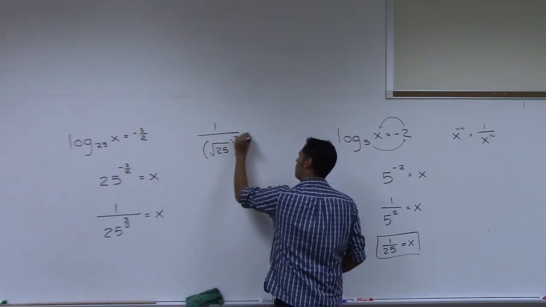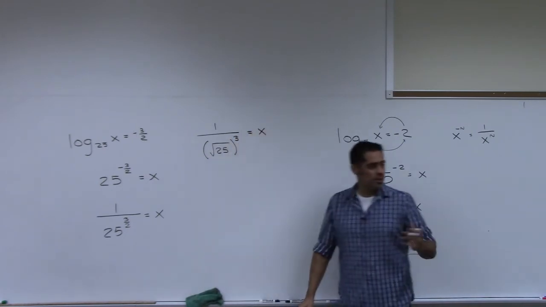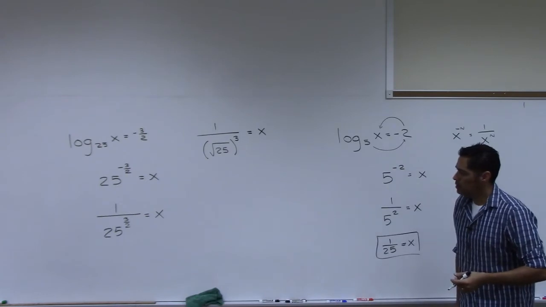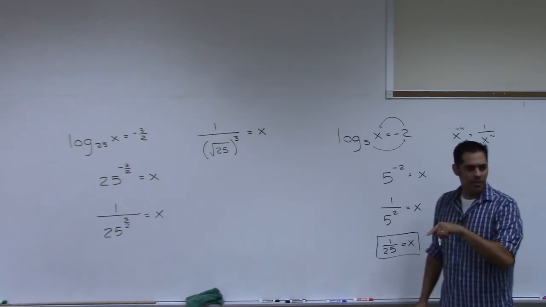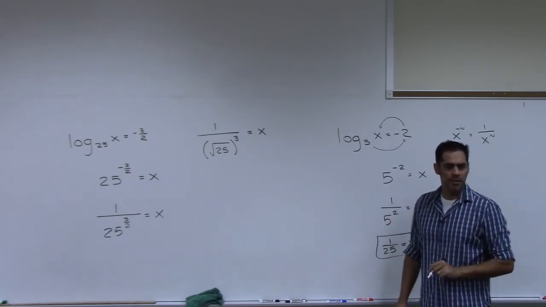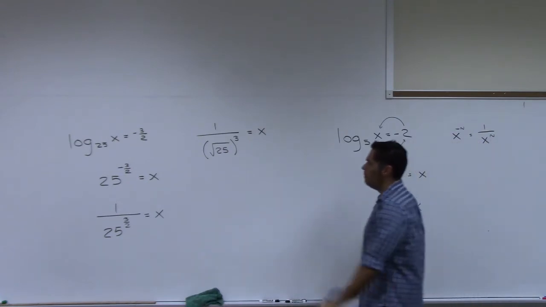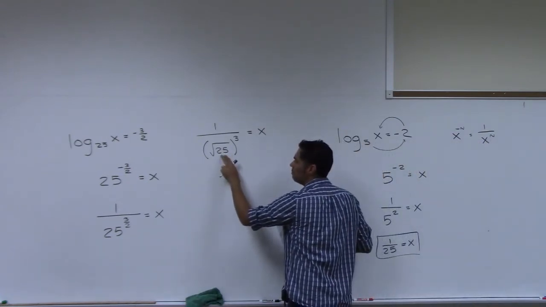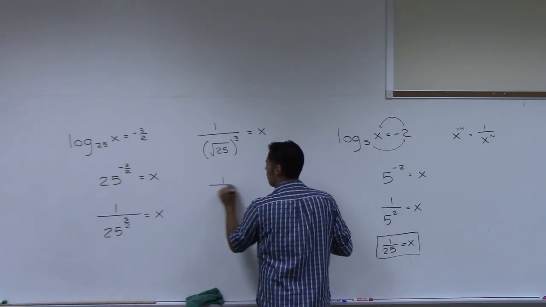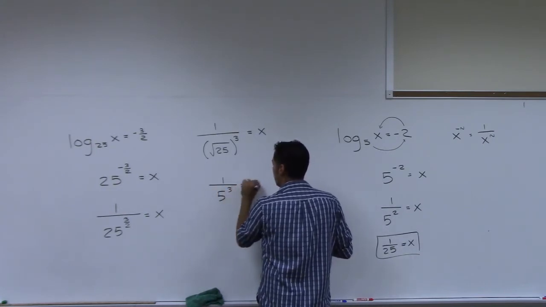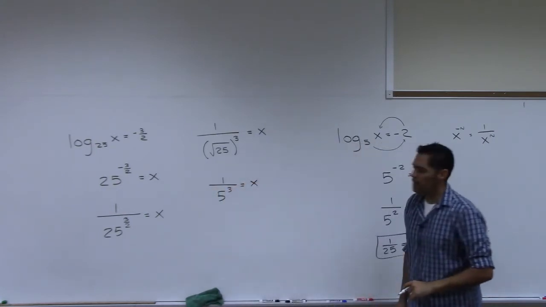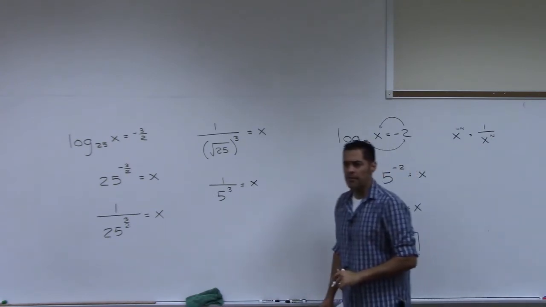To the 3rd power. And of course, you could do this on your calculator now, too. You would type in 25 caret parentheses 3 divided by 2, close parentheses. What is the square root of 25? 5. So this is really 1 over 5 cubed is x. And then 5 cubed is 125.